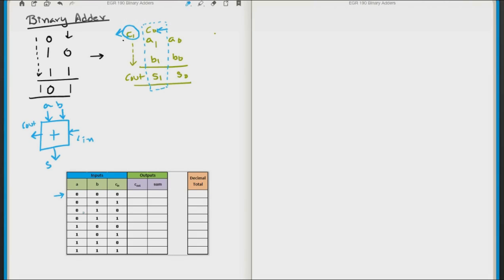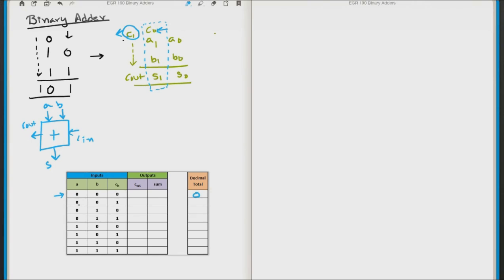The simplest way to write this value is to add the bits. Consider this as decimal 0 plus decimal 0 plus decimal 0. When you add these three, what is the decimal equivalent?